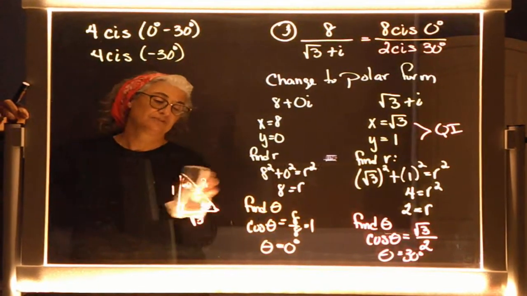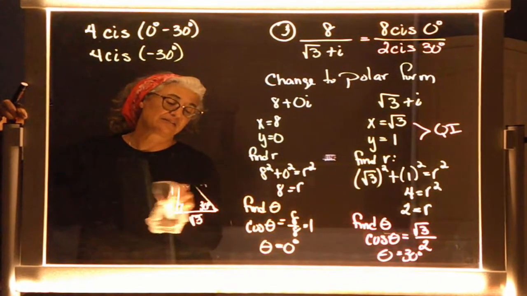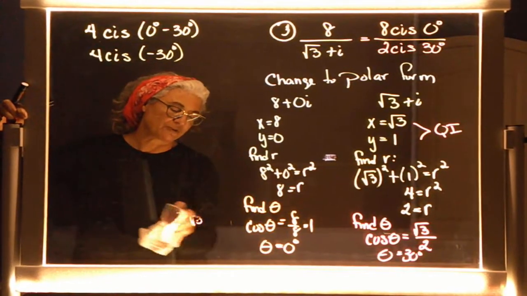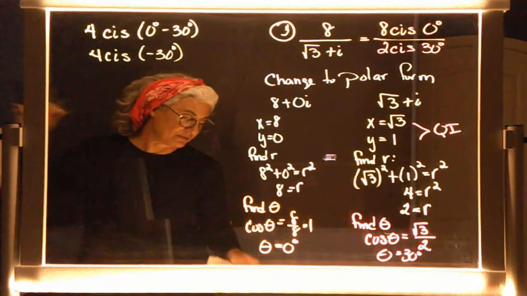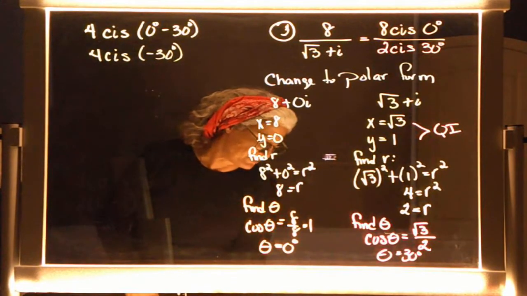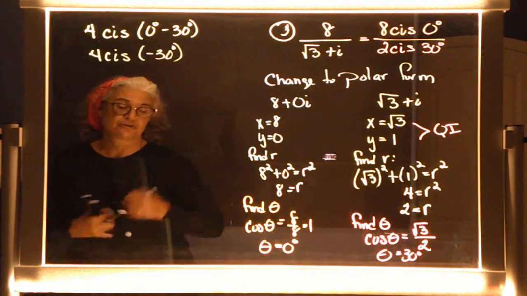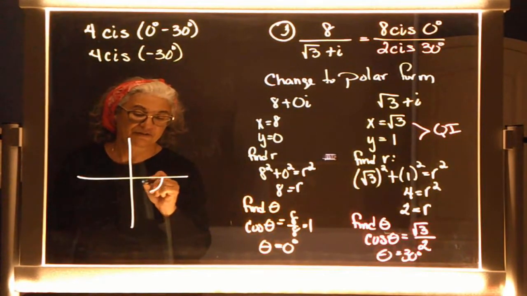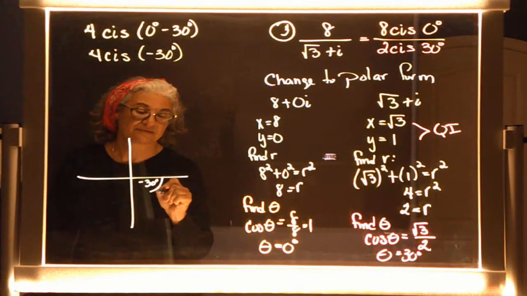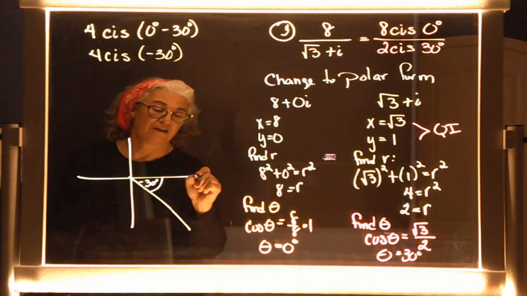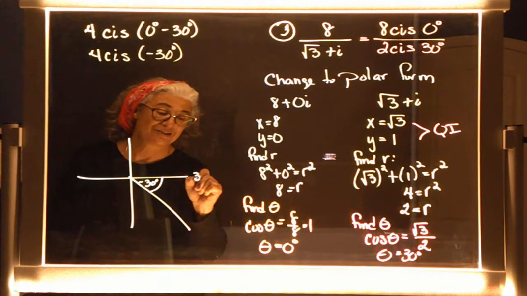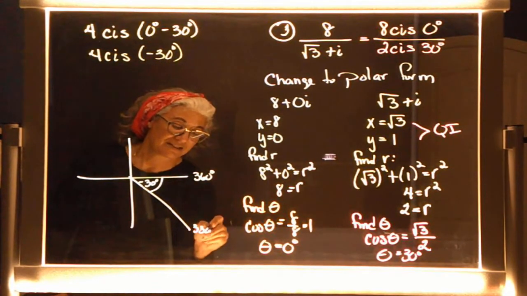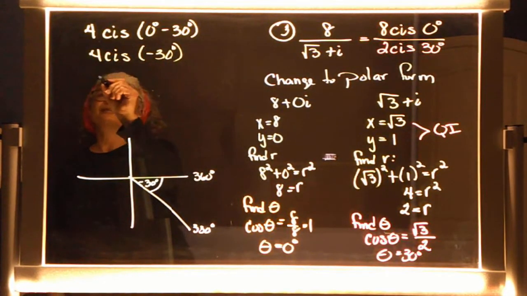So, negative 30 degrees is in which quadrant? Excellent. Quadrant 4. Good job. Some of you need to draw it, which is why I was getting more board space. This is a negative 30 degrees, right, from 360 degrees, which means, yep, a 330 degree angle.